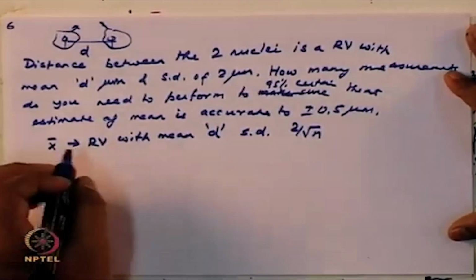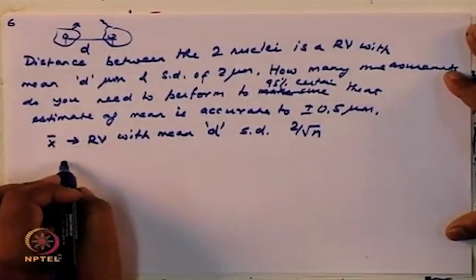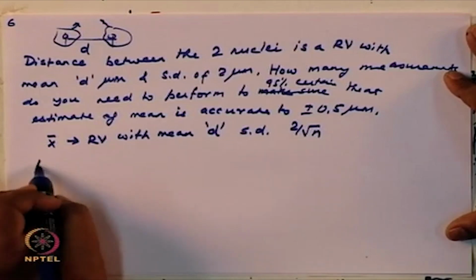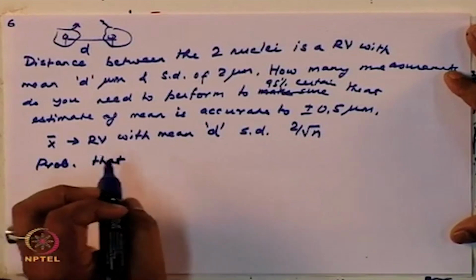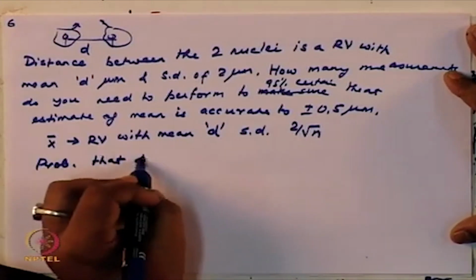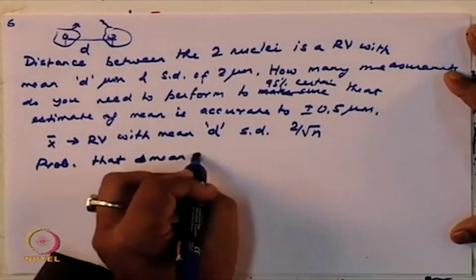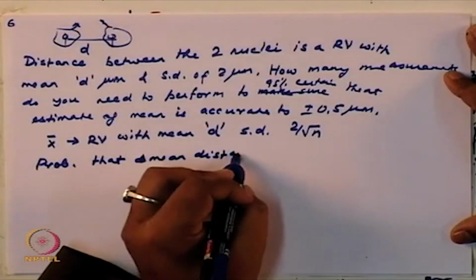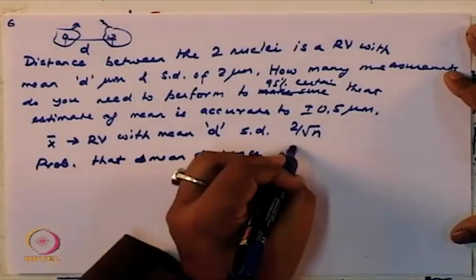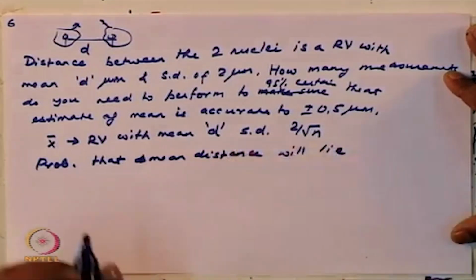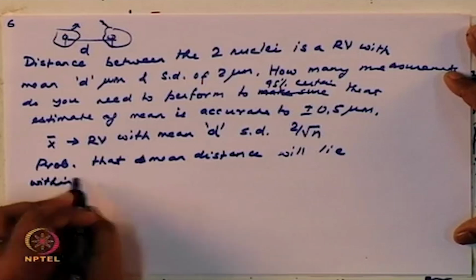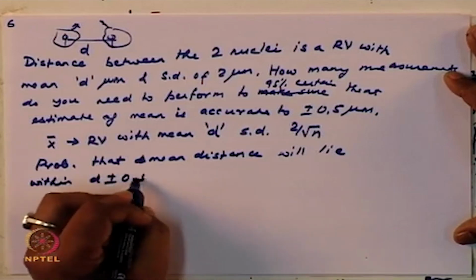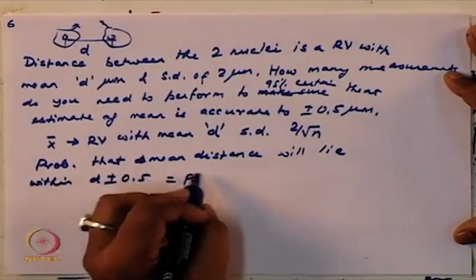So, we want to know the probability that the mean distance will lie within d plus or minus 0.5.